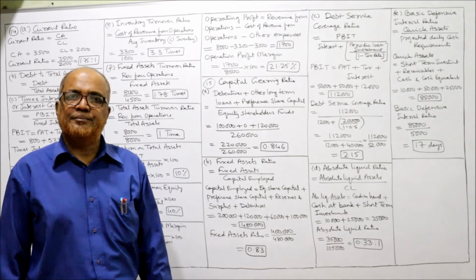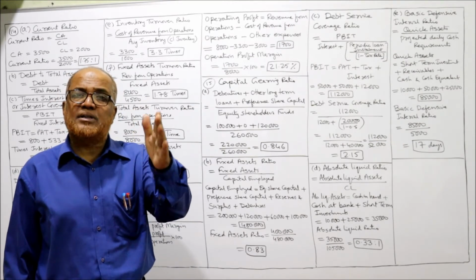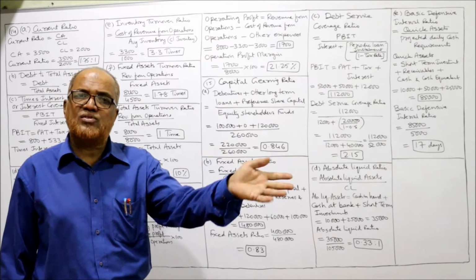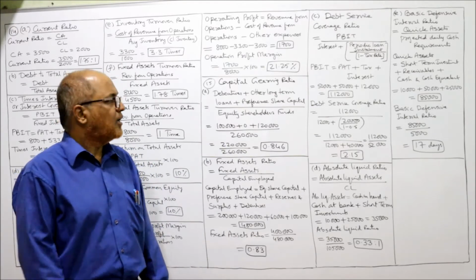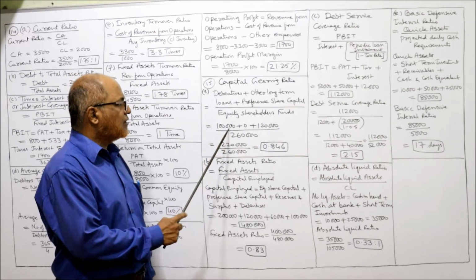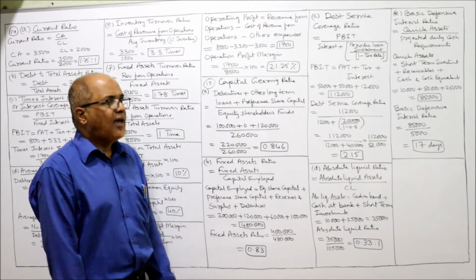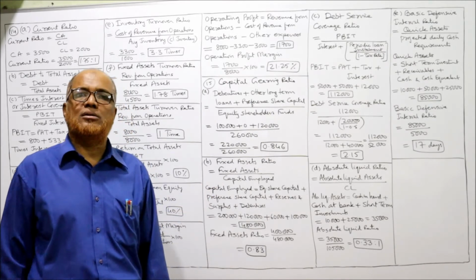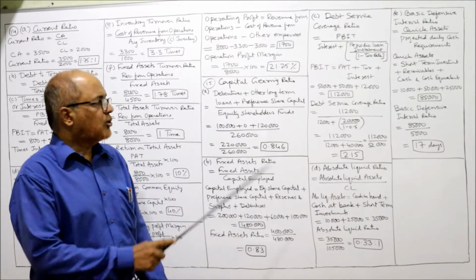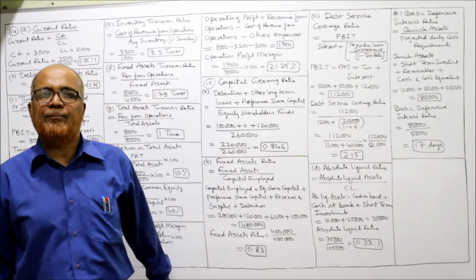Divided by equity shareholders fund. What do you mean by equity shareholders fund? Equity share capital plus reserves and surplus minus fictitious assets. Now one by one. Debentures are given in the problem 1 lakh. Other long-term loans are not there. Preference share capital is given 1,20,000. So debentures and preference share capital will be taken in the numerator.